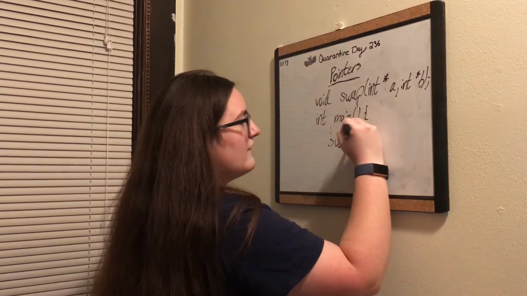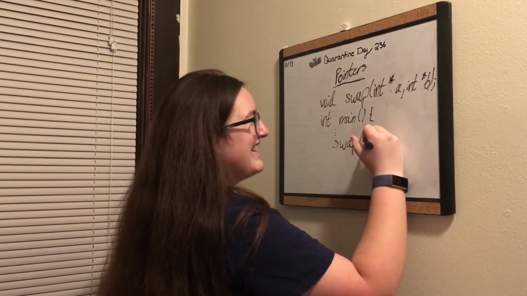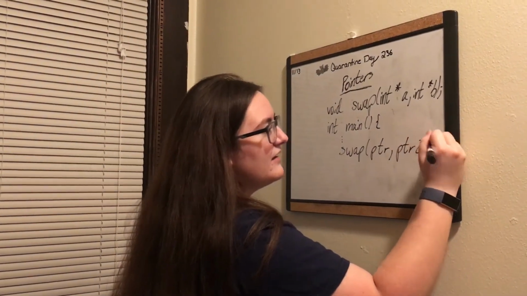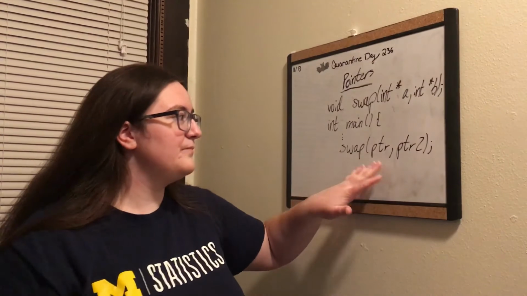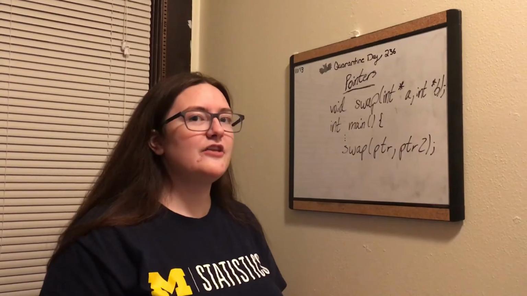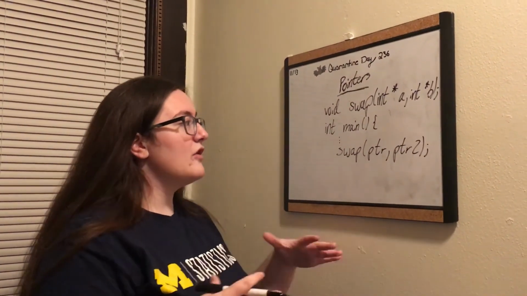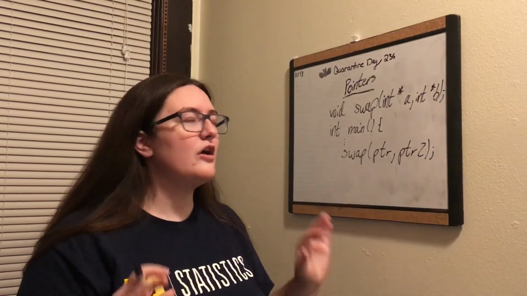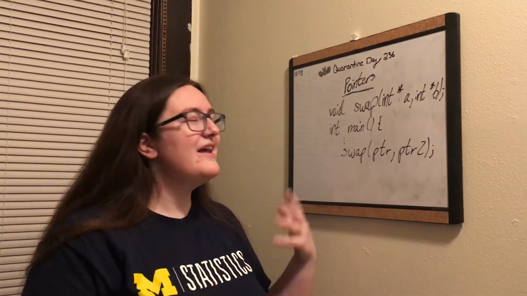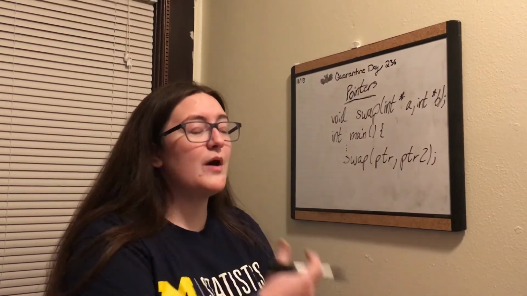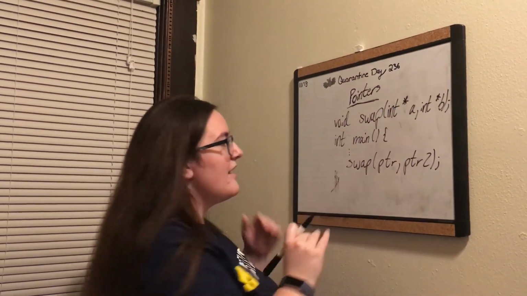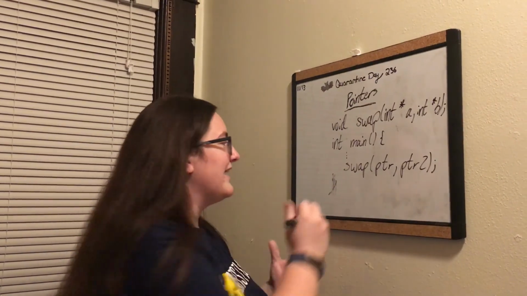Now, when I call the function swap and I give it pointer1 and pointer2, this function will take those locations in memory and be able to access whatever values are at those locations, even though the variables that the locations point to are outside of the scope of this function swap. So it'll send two locations and, what we're assuming, swap the values at those locations. Pointers are really great ways to do that and access the location.